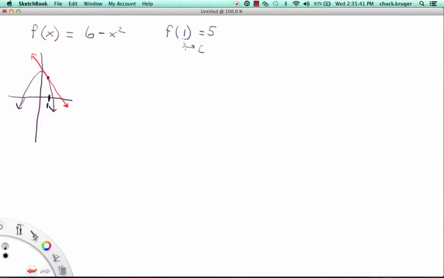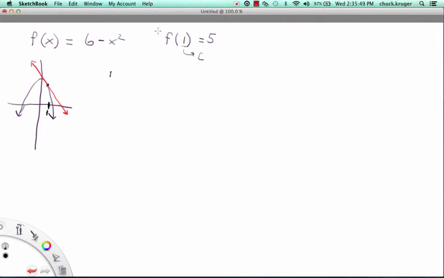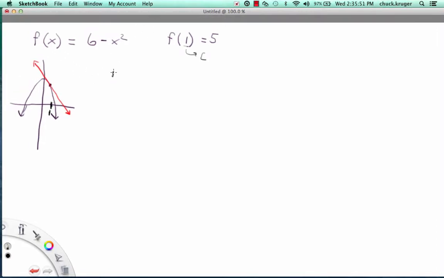And so what that's going to look like is, if you recall the limit as x approaches c of f of x minus f of c all over x minus c. That was my definition.